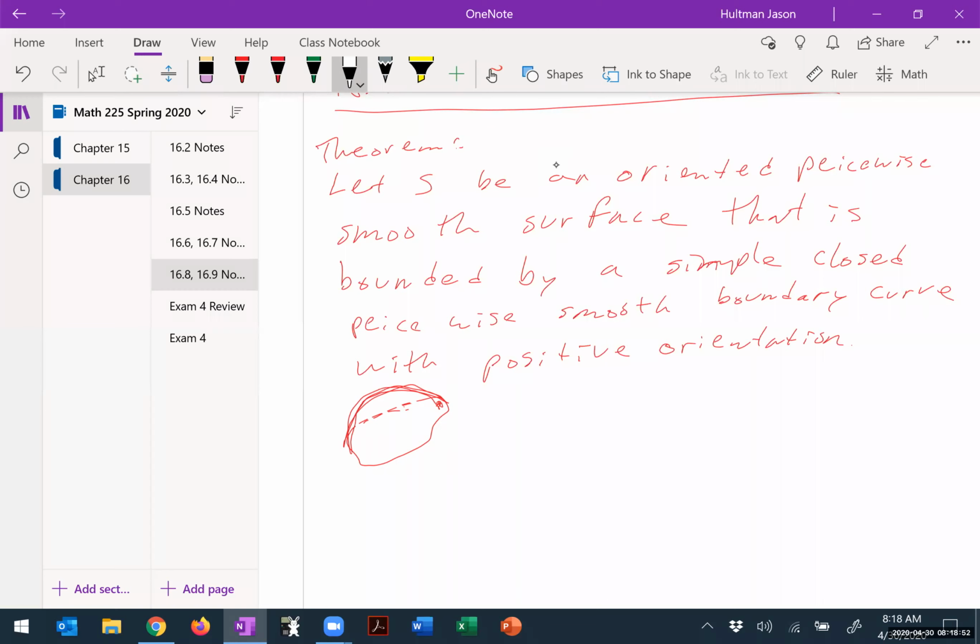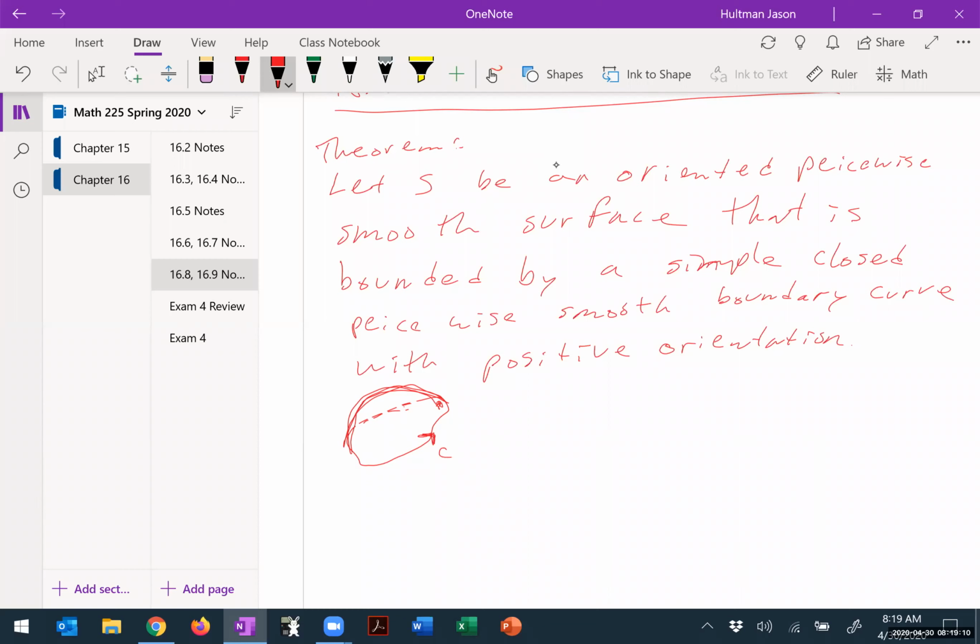Okay, it's positive orientation, and that C is going counterclockwise. C is the boundary curve. Think of it as like the shoreline for a lake.